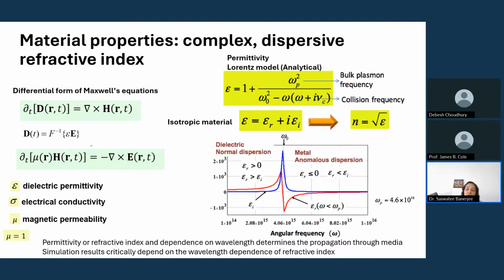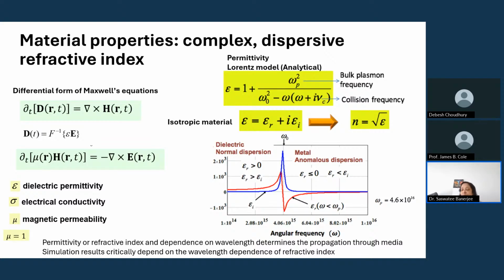What you are going to see is for the metals, even in the visible domain, you see this kind of behavior. Epsilon r means the real part of epsilon, and epsilon i is the imaginary part of epsilon. This gives rise to your bulk plasmon behavior, basically the plasmonic resonance behavior.